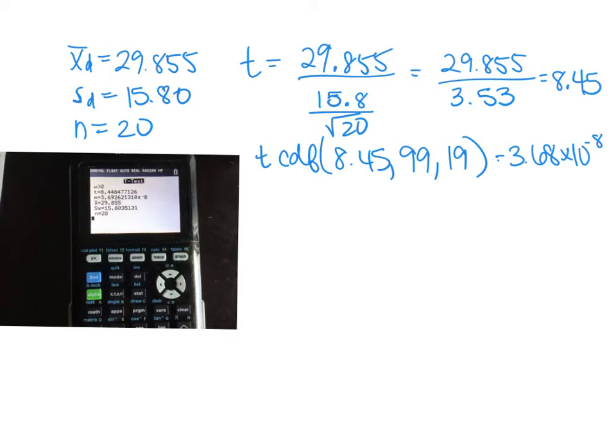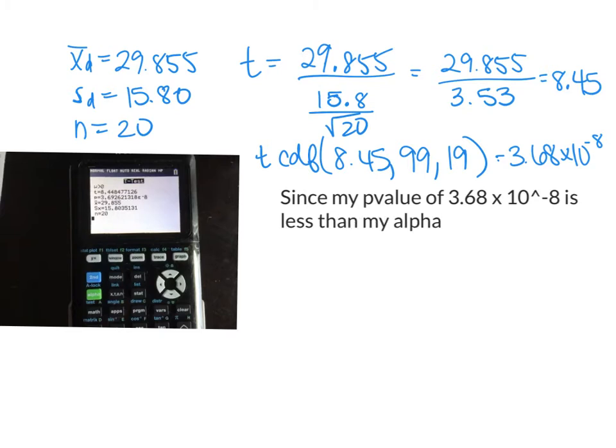So we can say, since my p-value of 3.68 times 10 to the negative 8 is less than my alpha of 0.05, I reject the null hypothesis.